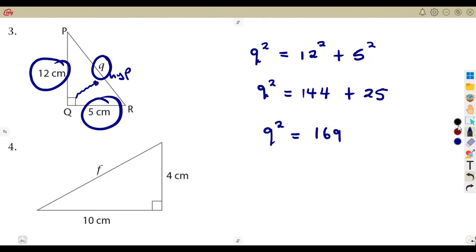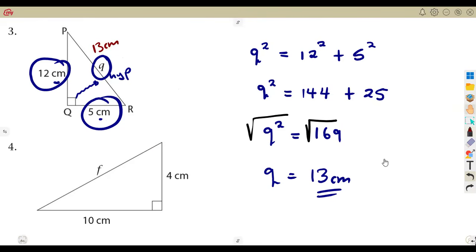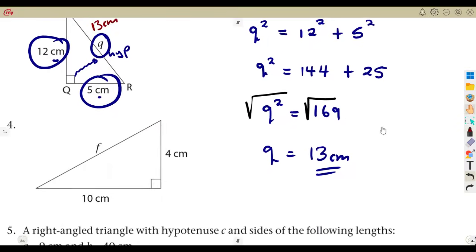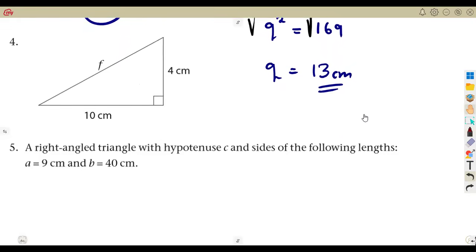To determine the value of Q, you have to introduce the square root. Remember, we need to get rid of that square. So the square root both sides gives us the value of Q, which is 13 in centimeters, as we have the other units. This is how we are going to evaluate, calculating using the theorem of Pythagoras.